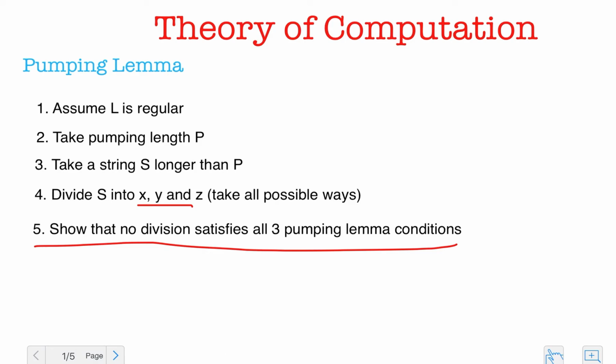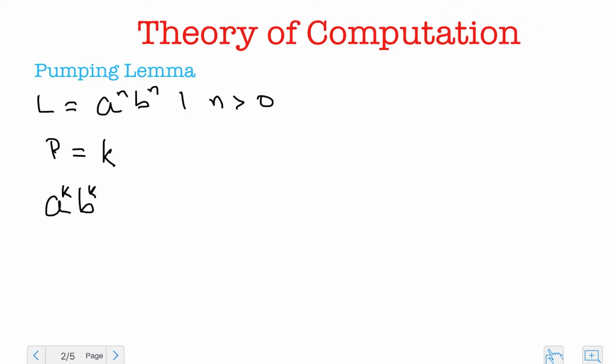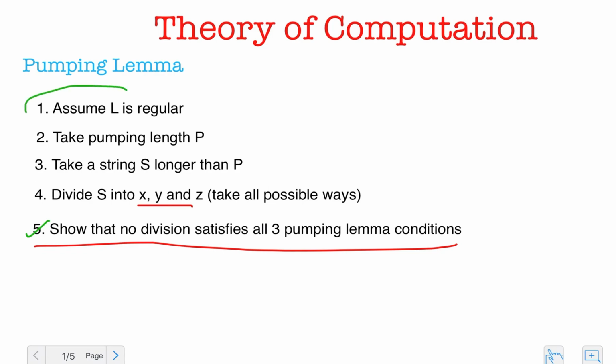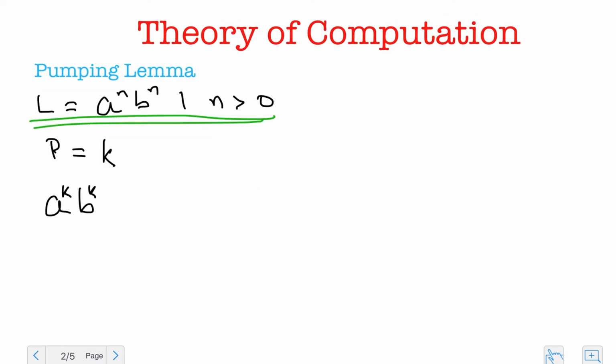So we've reached a contradiction here, which means that the pumping lemma is not holding for our language L that was given to us, which was this thing right here. The only explanation of why the pumping lemma is not holding is that our assumption itself that L is regular was wrong. So this was wrong, and that is why I'm getting a contradiction at the end.